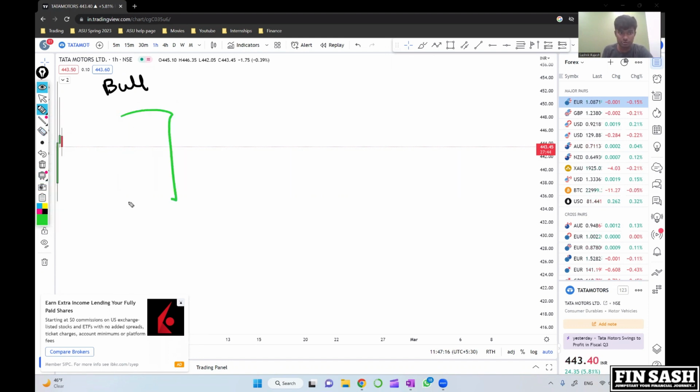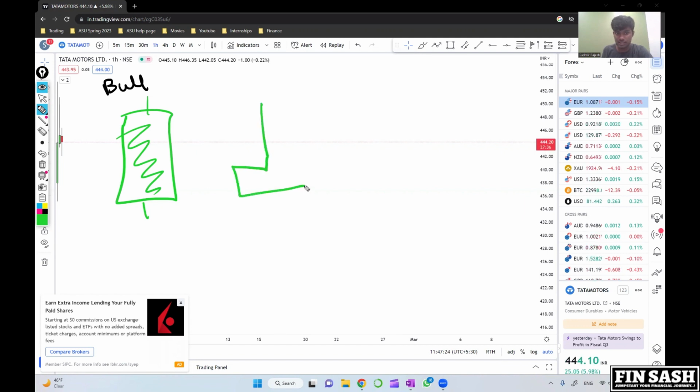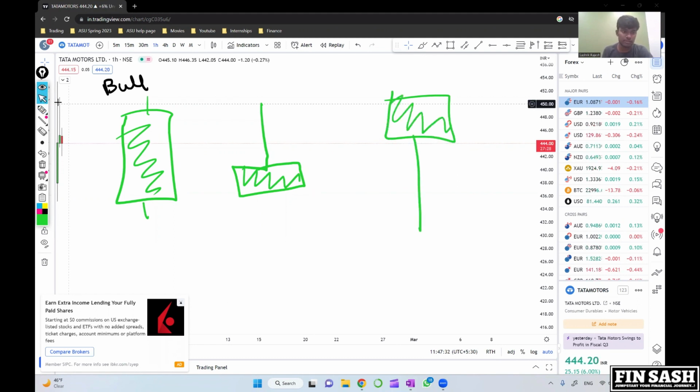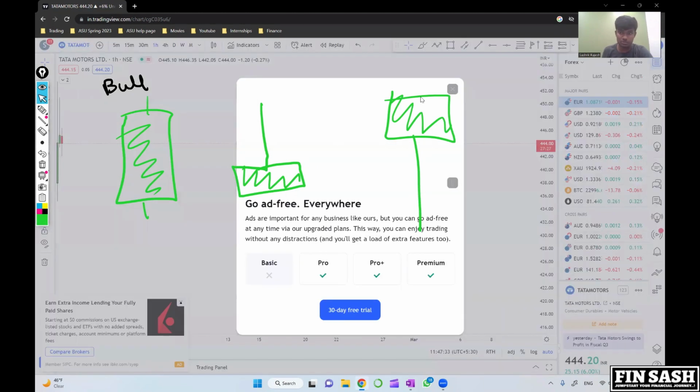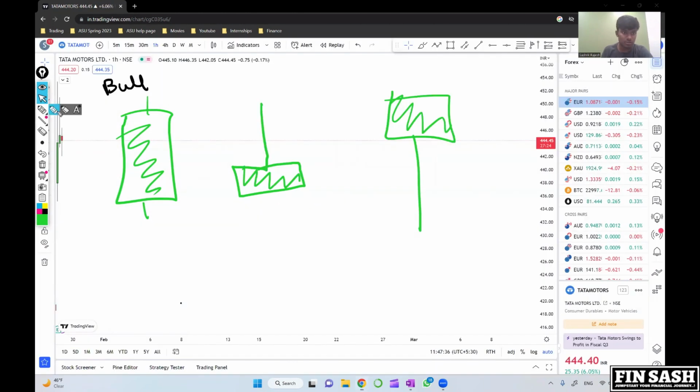Okay, so this is the first candle. This is the second candle. This is the third candle. And this could be the fourth candle.